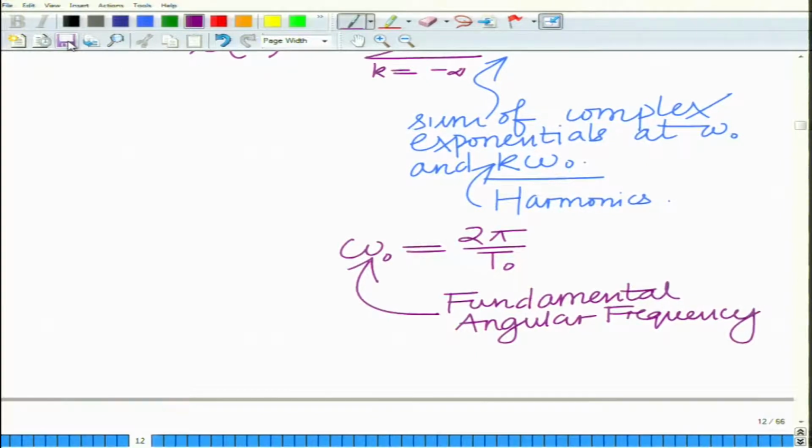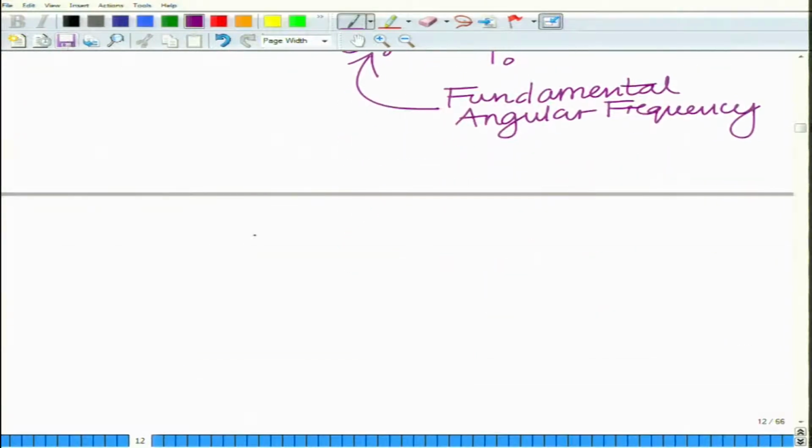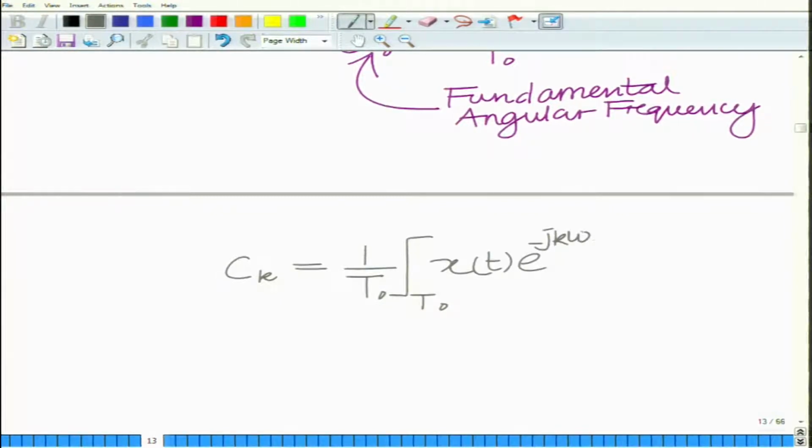And the coefficient Ck in the Fourier series is given as 1 over T naught integral over any period T naught x t e raised to minus j k omega naught t dt. Okay. This is the kth Fourier series coefficient.